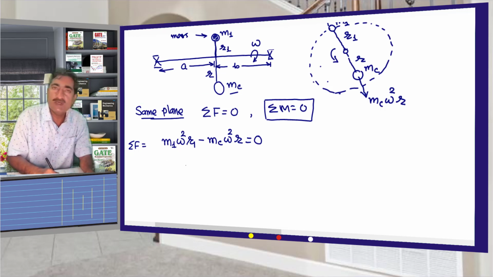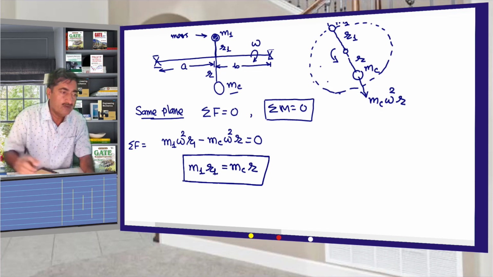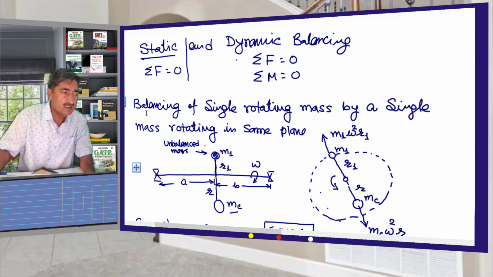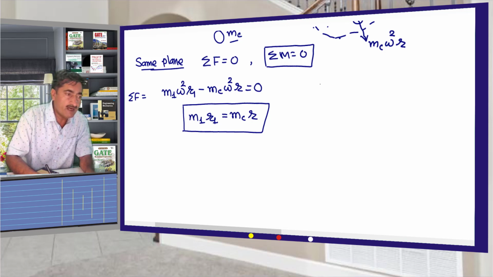Omega square cancels out. Then M1 into R1 equal to MC into R. This is balancing of single rotating mass by a single rotating mass in same plane. Then only required summation F equal to 0.